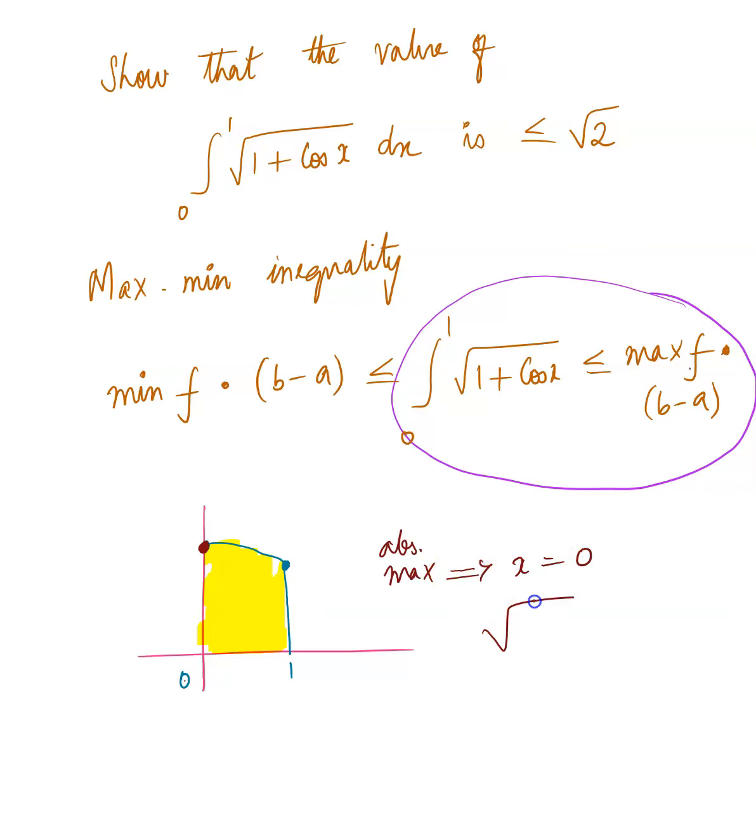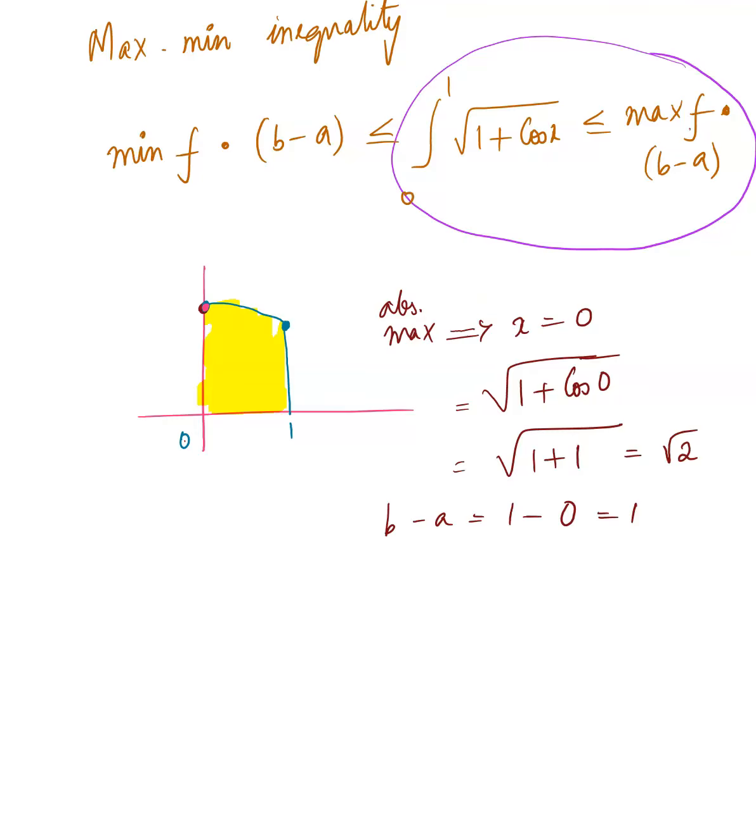When x is 0, square root of 1 plus cosine 0, and cosine 0 is 1, which is square root of 2. So absolute maximum is square root of 2. b minus a is 1 minus 0, which is 1.